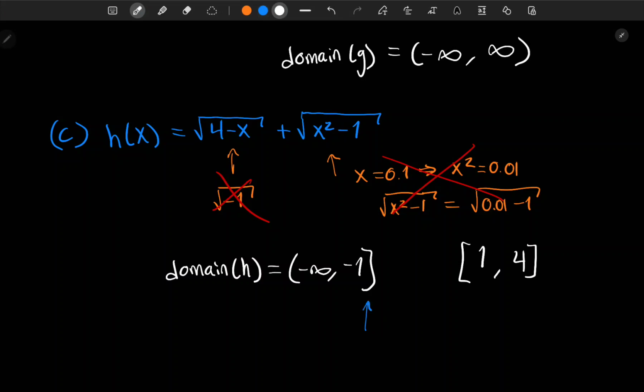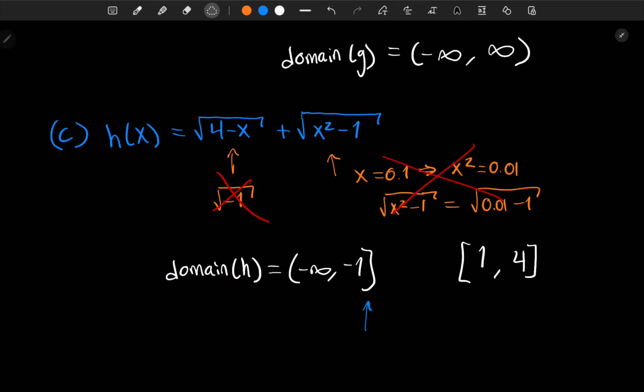because, well, the first term is fine with it. It doesn't become negative under the radical. And the second term of h, we're squaring x anyways. So it doesn't matter if x is positive 1 or negative 1. They both give 0 because it's x squared minus 1.